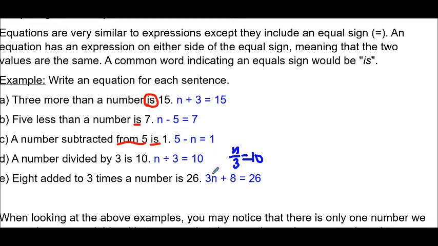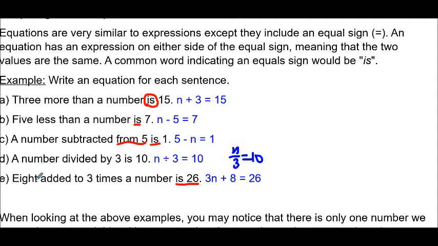Now this one is a little bit more complicated because we have a few different things going on. So if I were to do this equation, the first thing I would deal with is the "is 26." So I would start by doing that and write my equals 26. The next thing I would do is look at this: 8 added to 3 times the number. I have to decide which happened first, the multiplication or the adding.